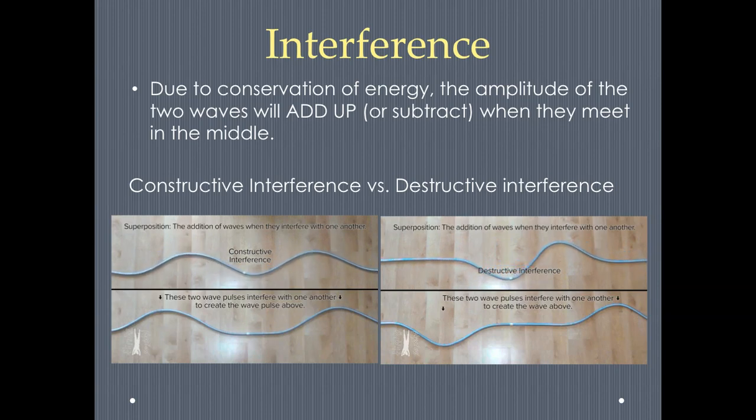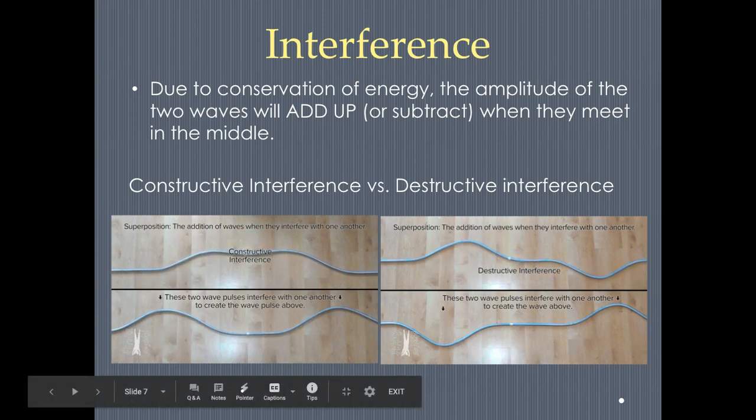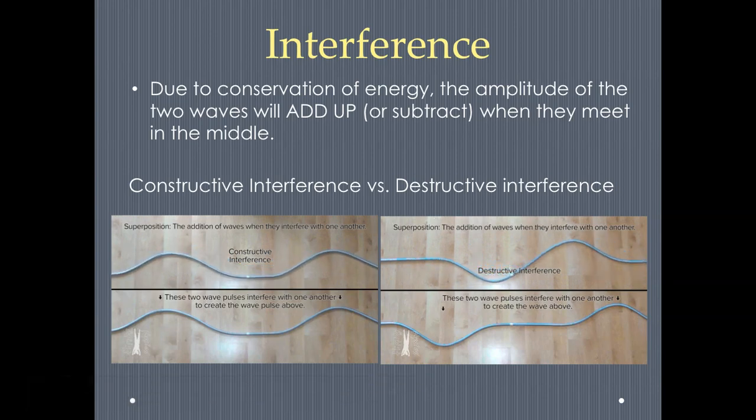In a sense, they subtract from one another. Once they go through and meet, that interference occurs, and then the waves will continue to move in the direction they were going. The waves basically regenerate and pass through each other.